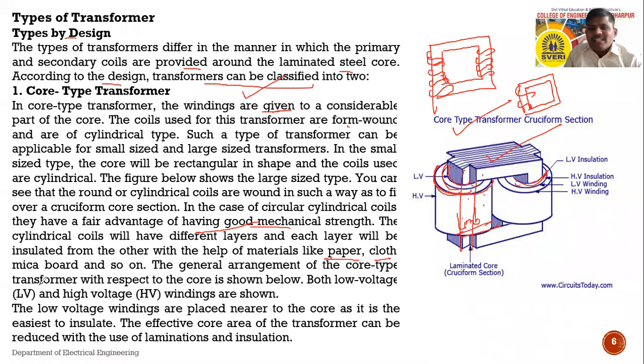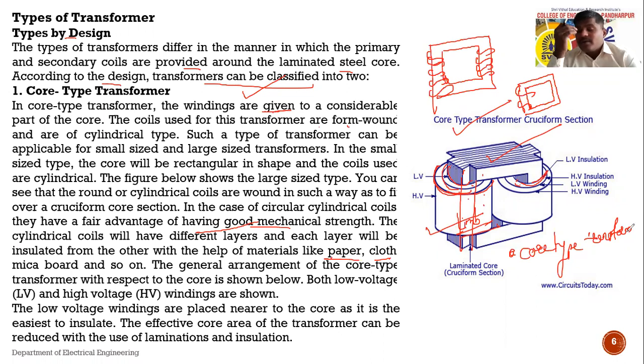So this general arrangement of the core type transformer with respect to the core is shown in this figure. या figure मध्ये जे दाखवलेलं आहे. So this is the general arrangement of core type transformer. Okay, normally how can the winding be wound?